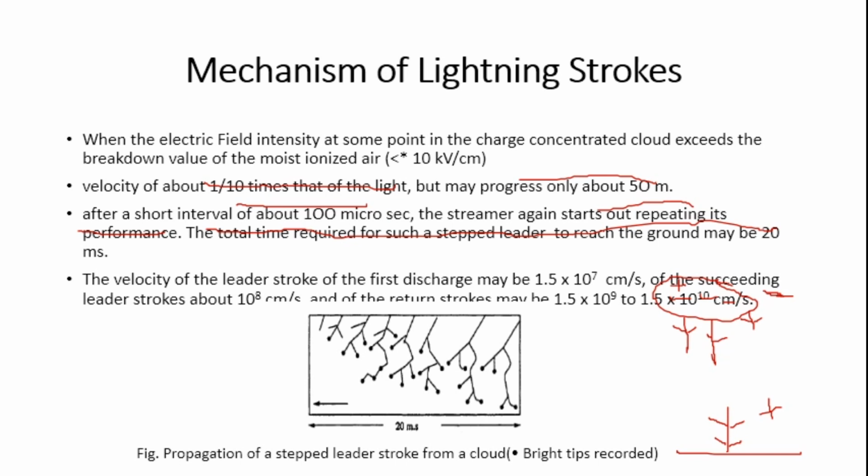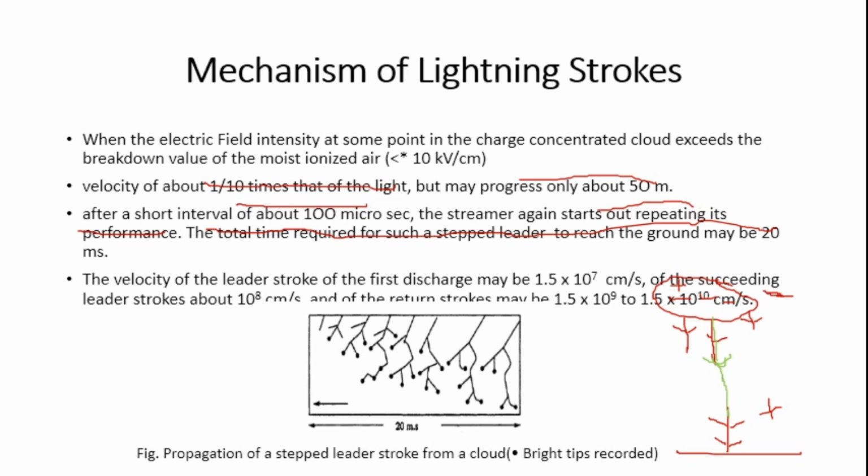This ladder will come and halt itself and raise the potential, and it starts jumping, and this will make the contact between the cloud and the ground. We call it a step ladder, and it mainly depends on a lot of parameters, such as the potential gradient and the air density.